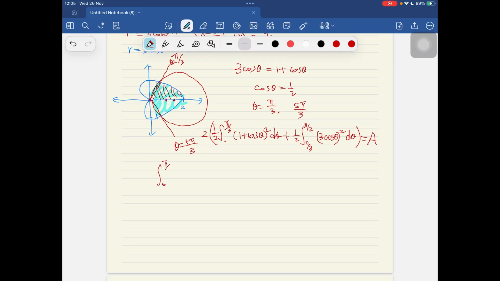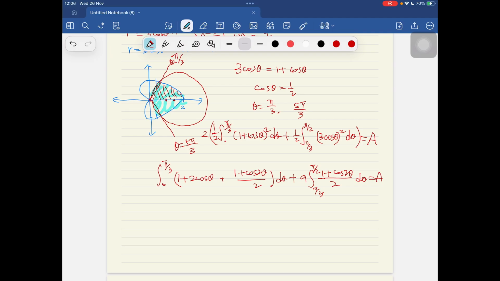Integral 0 to pi over 3, 1 plus 2 cos theta plus cos squared theta, we already know that is 1 plus cos double theta over 2 d theta, plus 9 integral 1 plus cos 2 theta d theta, pi over 3 to pi over 2, like this.